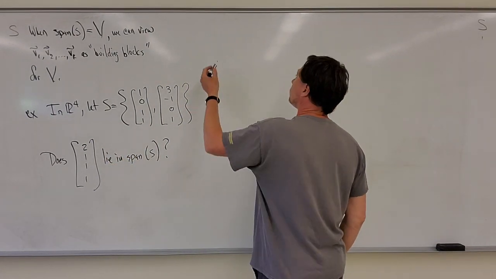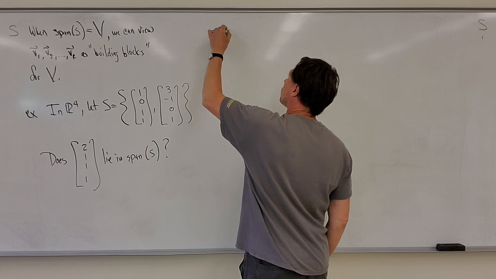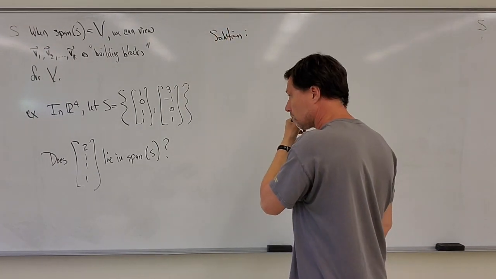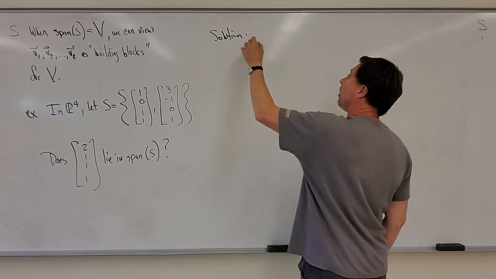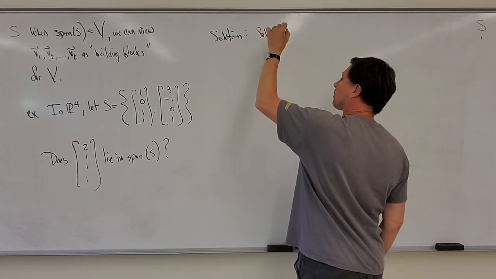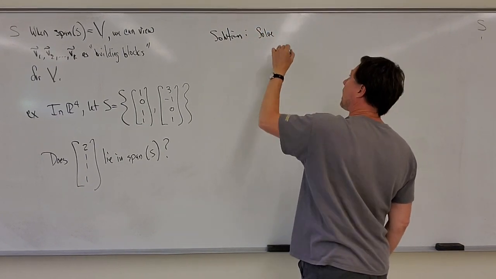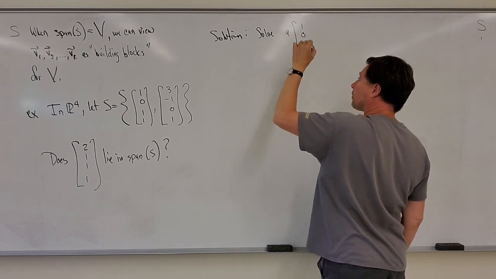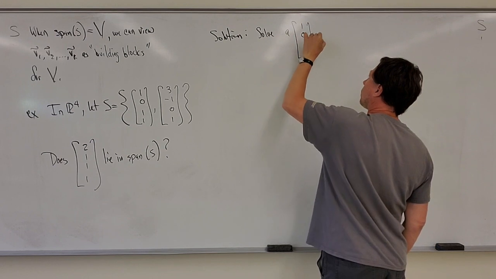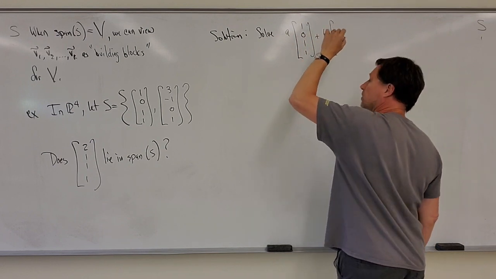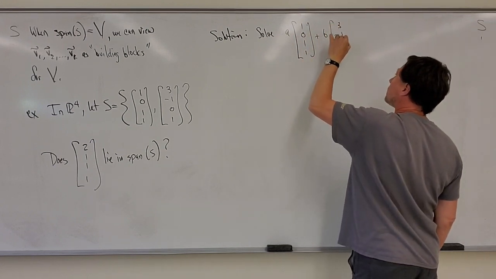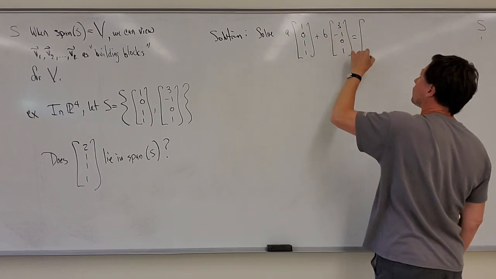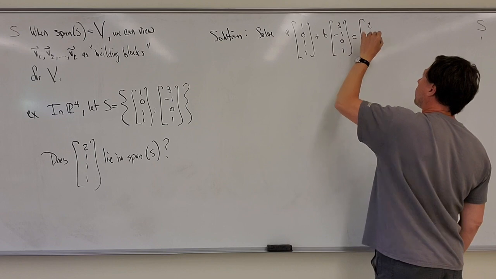So the solution goes like this. We try to solve the following equation: A times (1, 0, 1, 1) plus B times (3, -1, 0, 1) equals (2, 1, 1, 1).